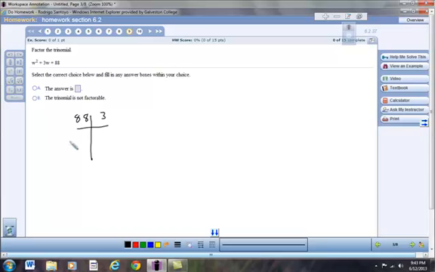So now we need to find the factors of 88. Or the numbers we can multiply to give us 88. So we know 1 times 88. Negative 1 times negative 88. We got 2 times 44. Negative 2 times negative 44. And will 3 divide into it? No, not. What about 4?